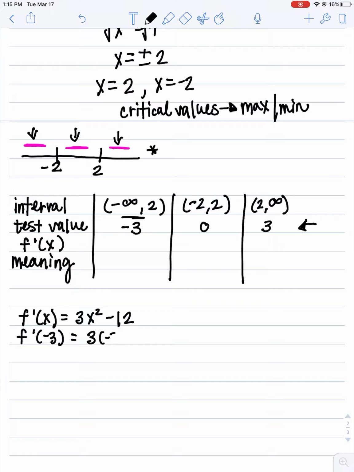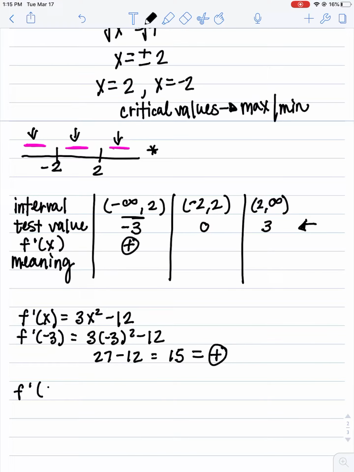If I plug in negative 3, I get 3 times negative 3 squared minus 12. Well, negative 3 squared is 9. 9 times 3 is 27, gang. And when you subtract these two numbers, you get 15. I'll say it again. I don't care that the number is 15. I care that the number is positive. Okay, so it is a positive number.